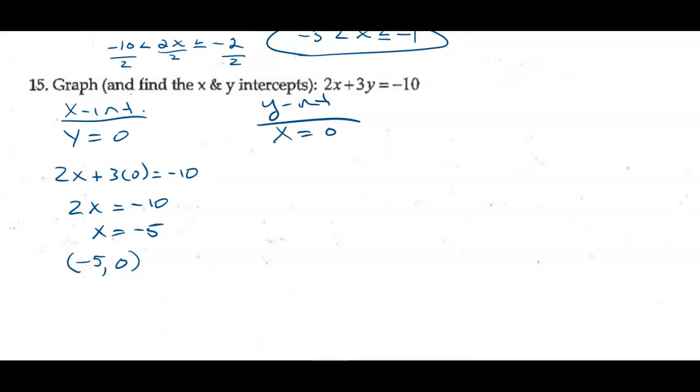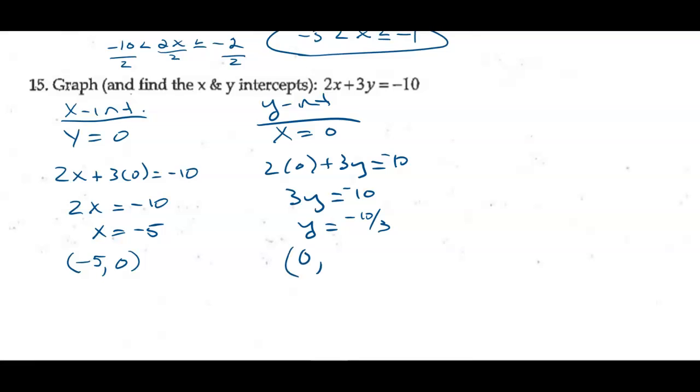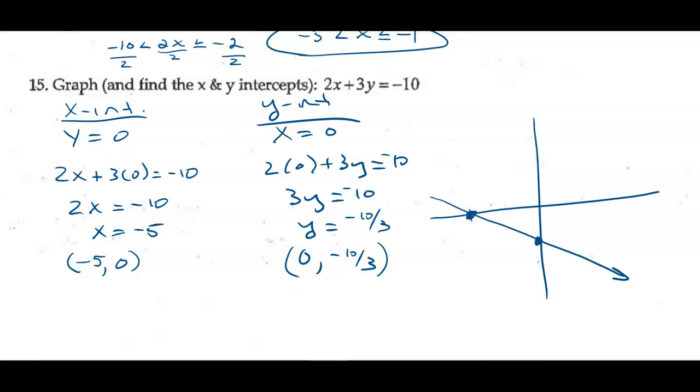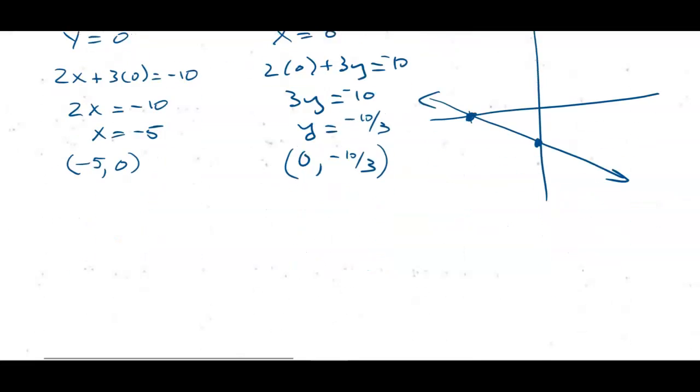You must have x equal to 0. Sorry, negative 10. Forgot the negative. So x is 0. When you go to graph it, all you have to do is plot those points now. Negative 5, 0, and 0, negative 10 thirds, and there's your equation.